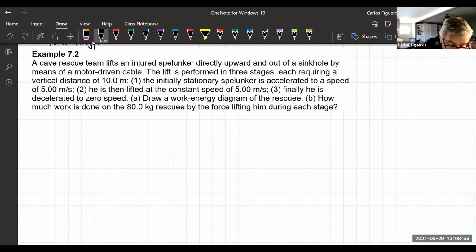So let's sketch an image here. If I sketch this thing here, I imagine that I have 3 stages. Maybe I'll do it over 2 squares.